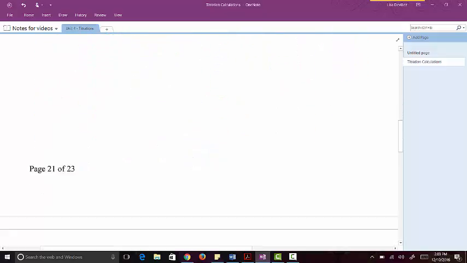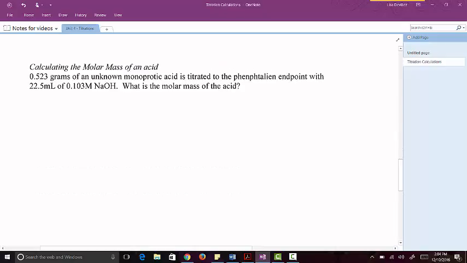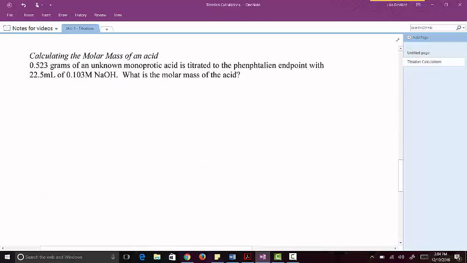All right. The other type of problem that you'll have is one where you're finding the molar mass of the acid. The key thing we're going to note here is that it's telling me it's a monoprotic acid. And monoprotic means that it has one hydrogen in it that can neutralize a hydroxide.